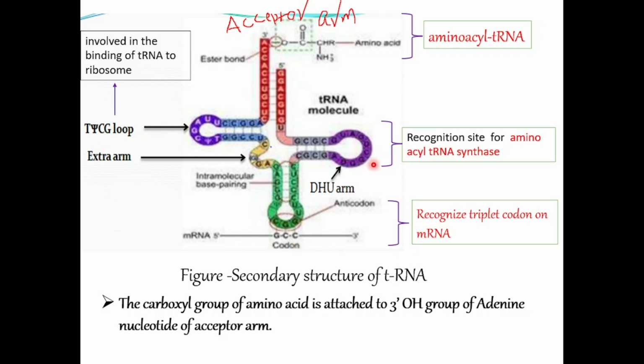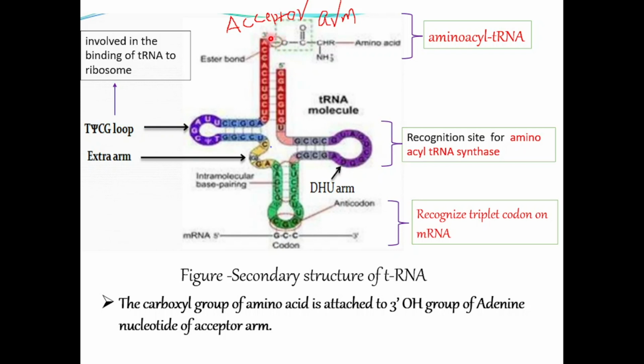Here is the DHU arm. This is a site for the enzyme aminoacyl transfer RNA synthetase, which adds amino acids to the acceptor arm.